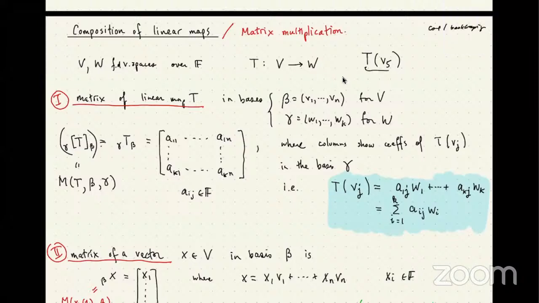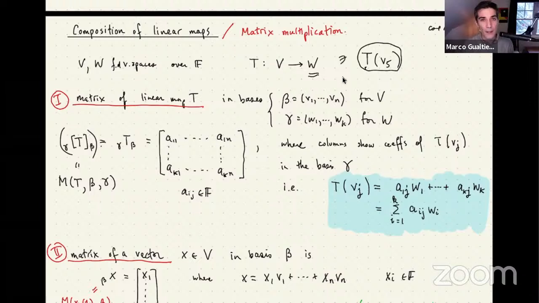T of v5 is an element in W. If I just tell you it's a vector in W, you're going to ask, which vector is it? It's equal to what? In order to give you the information, you need to tell me first which basis you prefer in W.